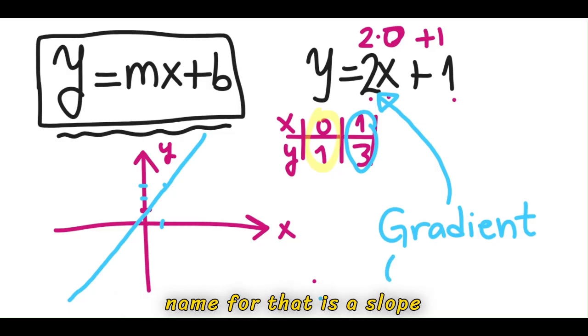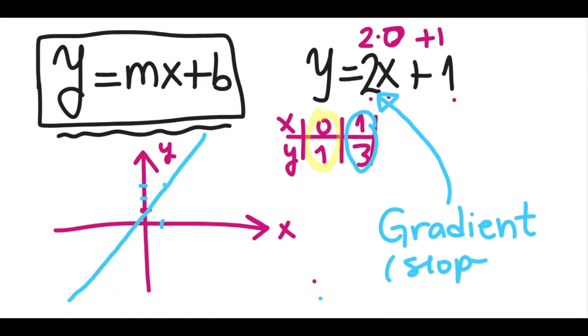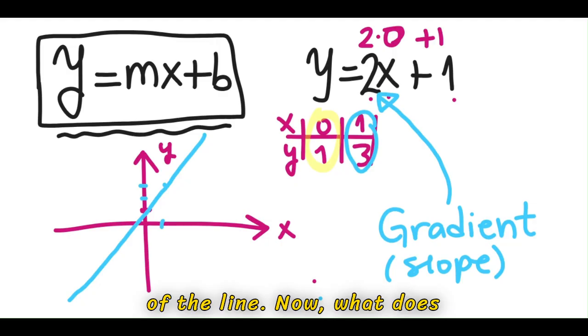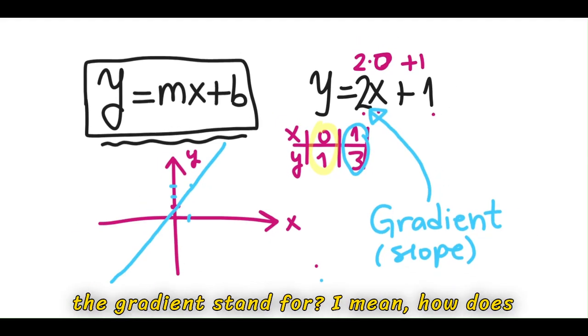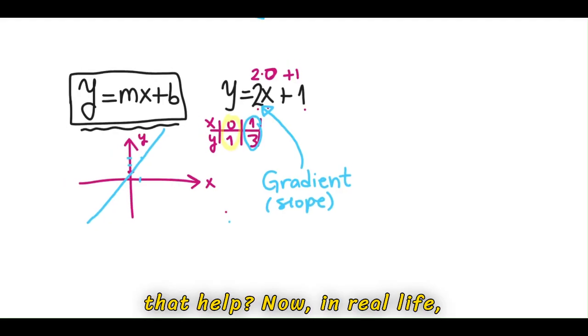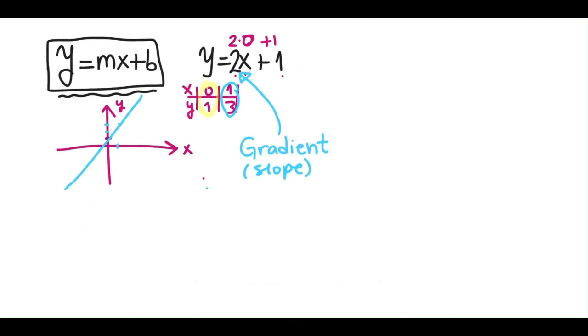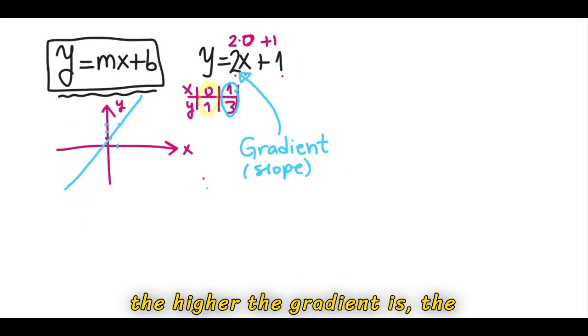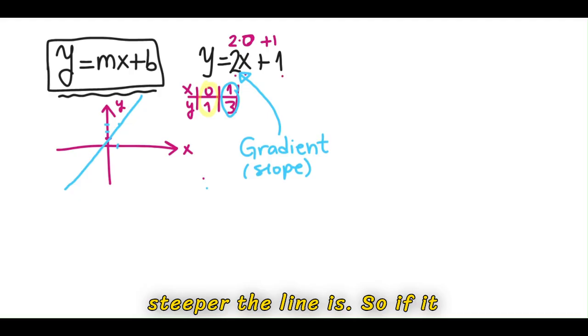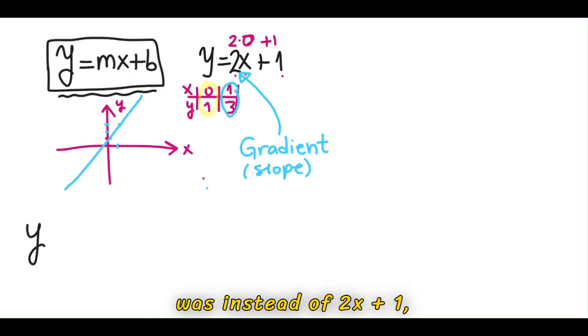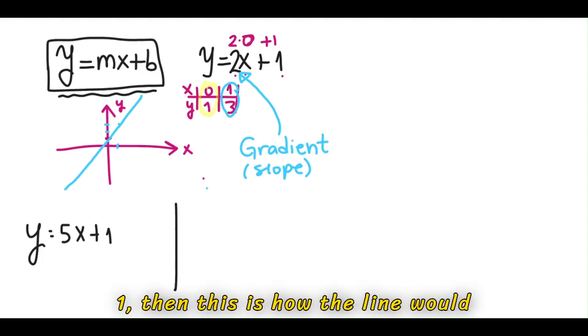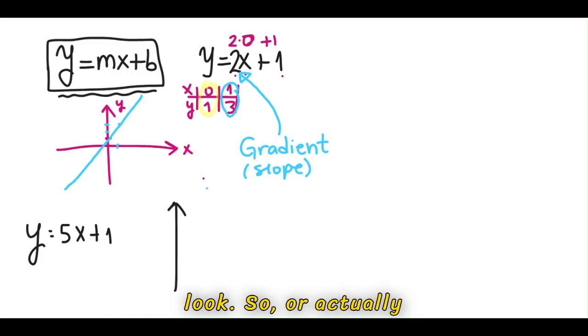Another name for that is the slope of the line. Now, what does the gradient stand for? I mean, how does that help? Now, in real life, the higher the gradient is, the steeper the line is. So if instead of 2x plus 1, imagine it was 5x plus 1, then this is how the line would look.